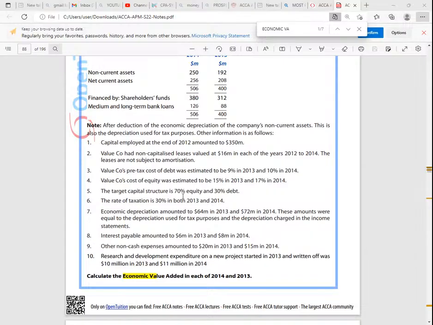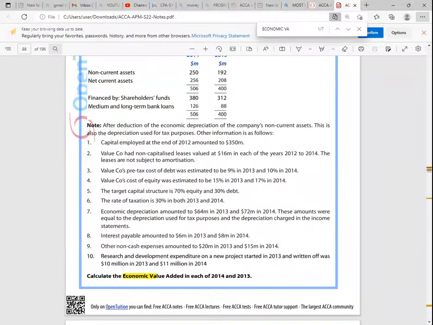Any other thing that you think, ladies and gentlemen, is very important? The non-capitalized leases.